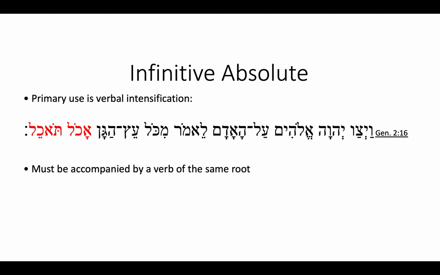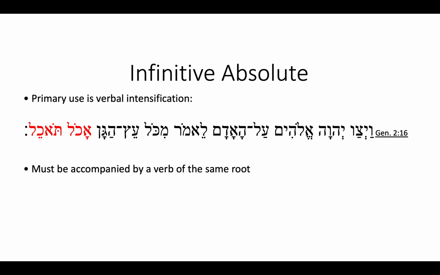So this verse, Genesis 2, talking about the prohibition from eating the fruit in the middle of the garden: Vayetzav Adonai Elohim al ha'adam lemor, mikol etz hagan achol tochel.